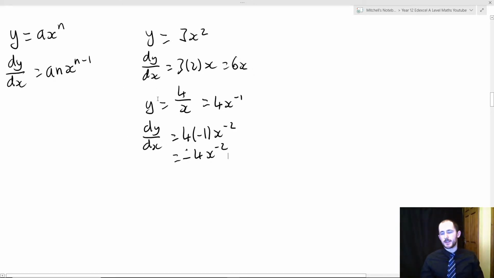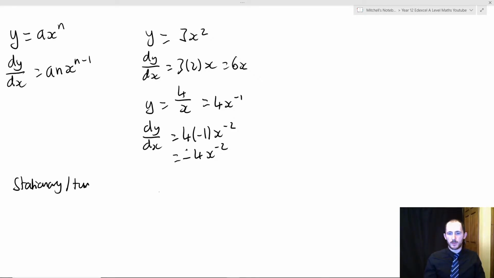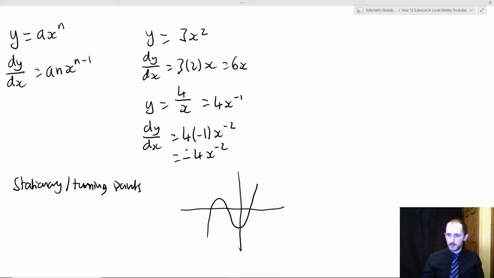Now, this seems quite basic, but there are a few other things that we have to know. First of all is something called stationary or turning points. So, with most coordinates on a graph, they're actually kind of boring, okay? So if I were to draw a generic curve, let's make it a cubic. Most of these coordinates are boring, however, some interesting stuff happens here and here.